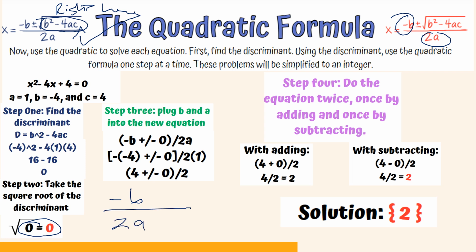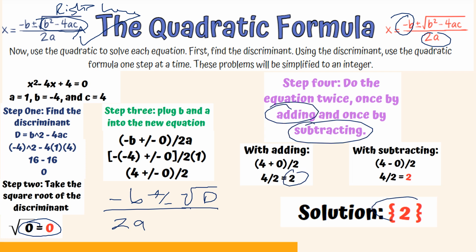So we had negative b plus or minus the square root of our discriminant all over 2a. We plugged in values for b and a. And then we did the equation twice, once by adding and once by subtracting. Both times we got 2, so our solution is 2.